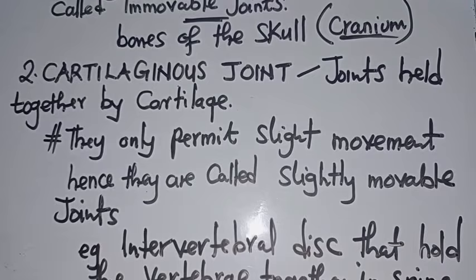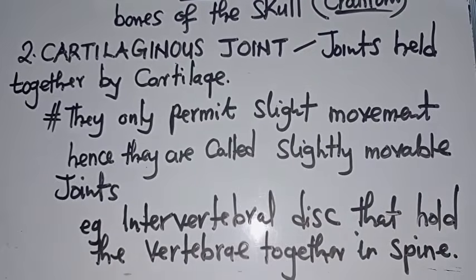I guess you know of something we call the vertebral column. This is a best example. They just allow a slight movement, so they are called slightly movable joints. These are cartilaginous joints.